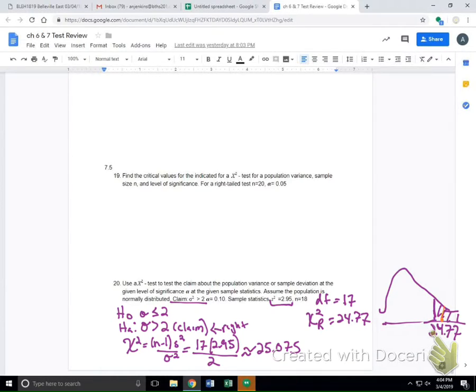It is inside that region, so we see we can reject. So that's at 25.075. And so we reject H0.